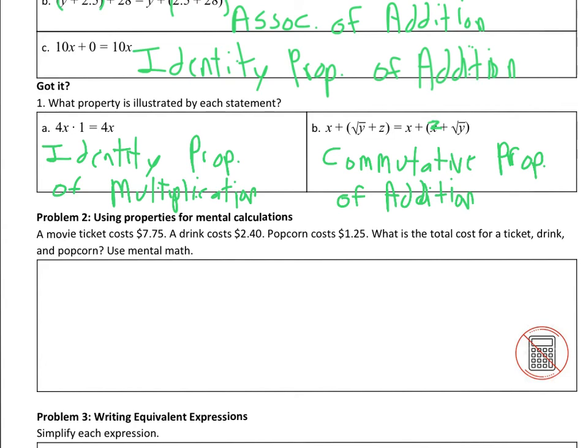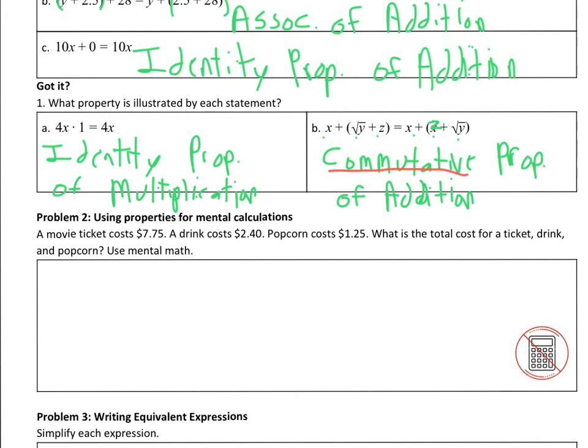I'll try and fix that in future ones. When I look at this, x and x stay in the same order, but z and y, do you see how z and y get swapped around? That order gets switched. If the order gets switched, that's how we know it's the commutative property. If numbers are changing their order, they're getting switched around, okay? So that's the commutative property.